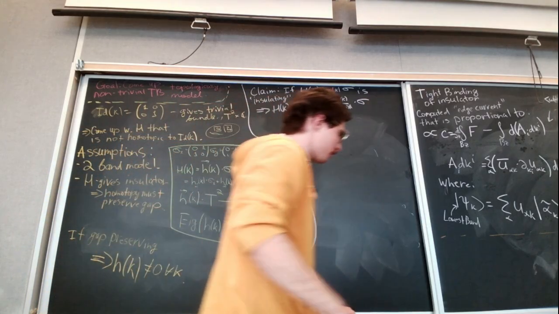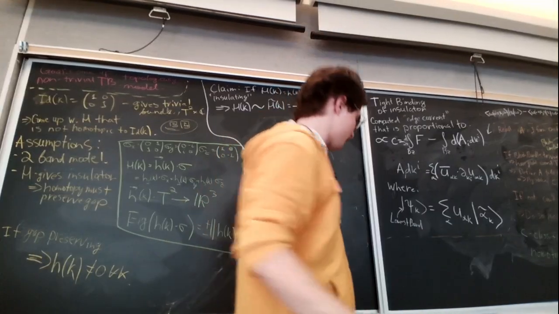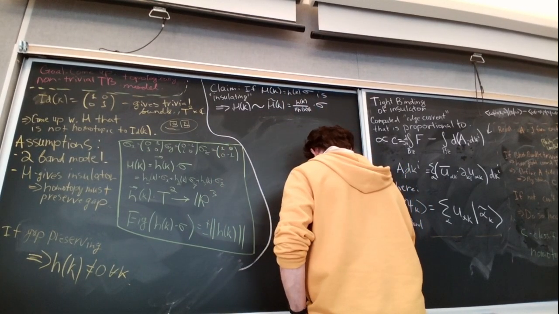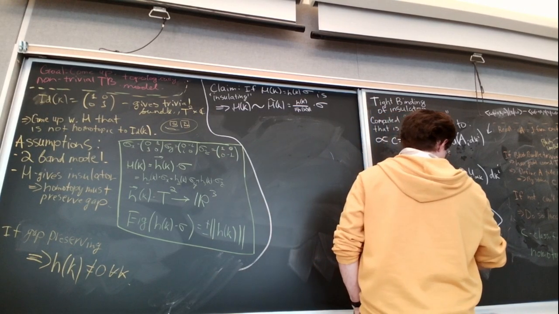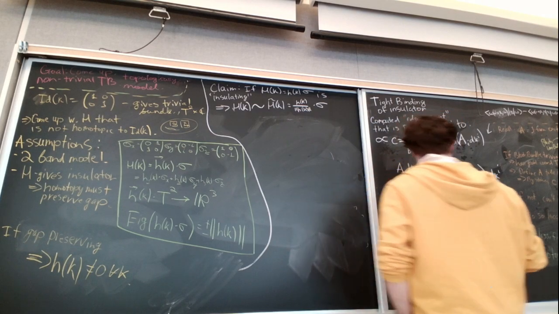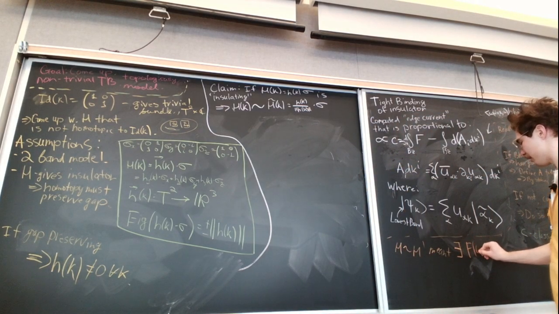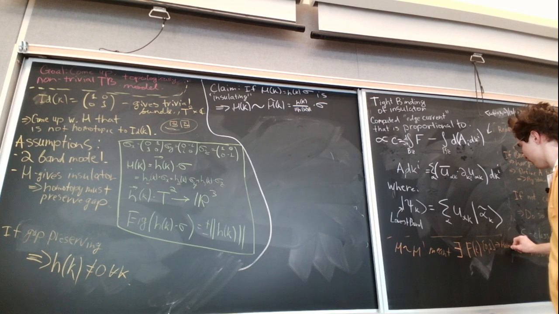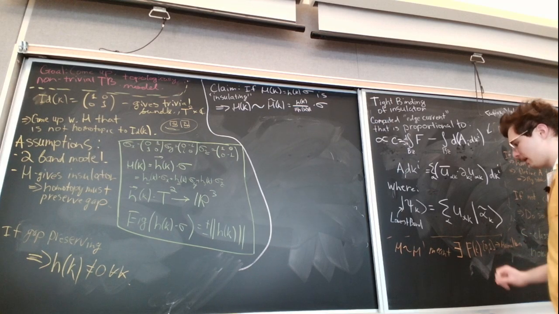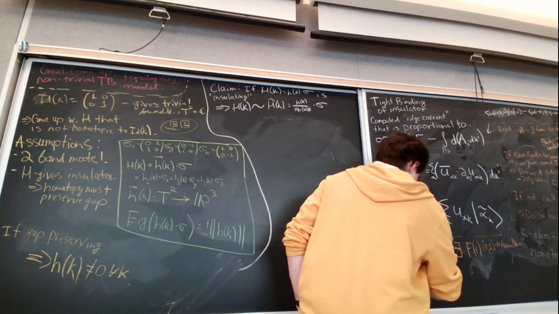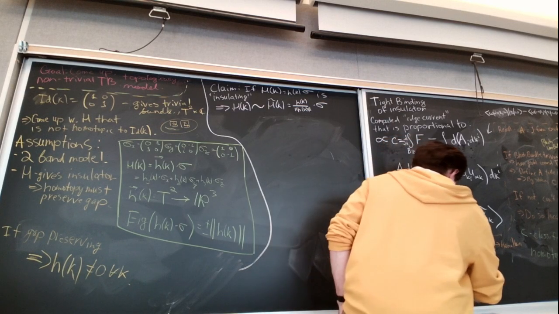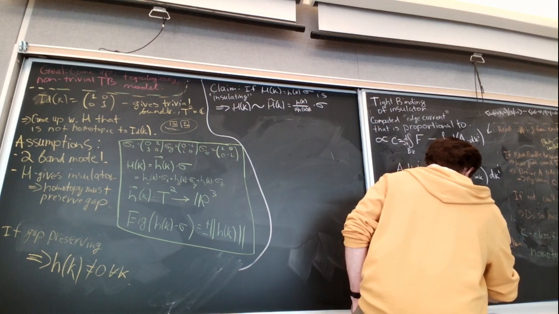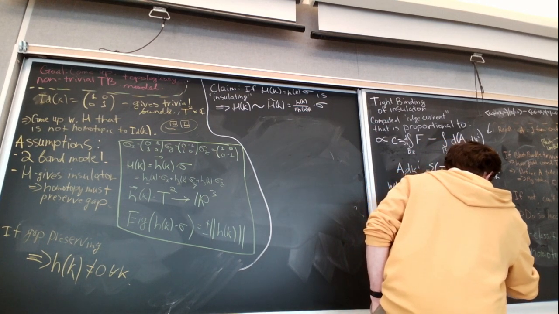Recall that H is homotopic to H prime meant that there exists some function f of t from 0 to 1 into Hamiltonians such that f of 0 was equal to H, and f of 1 was equal to H prime, and f was smooth or continuous, whatever you want.